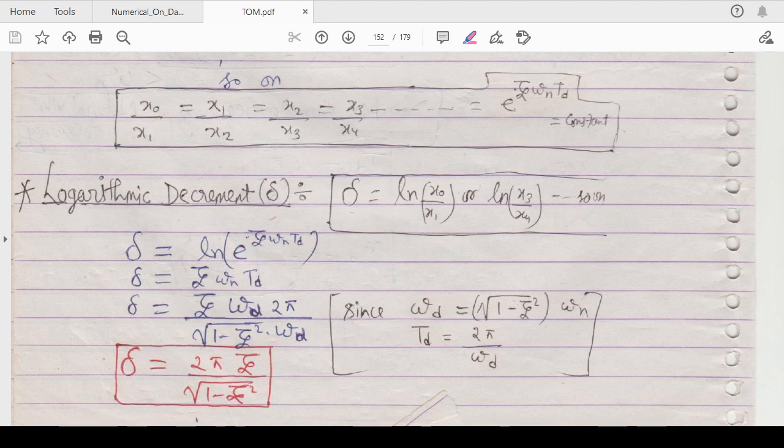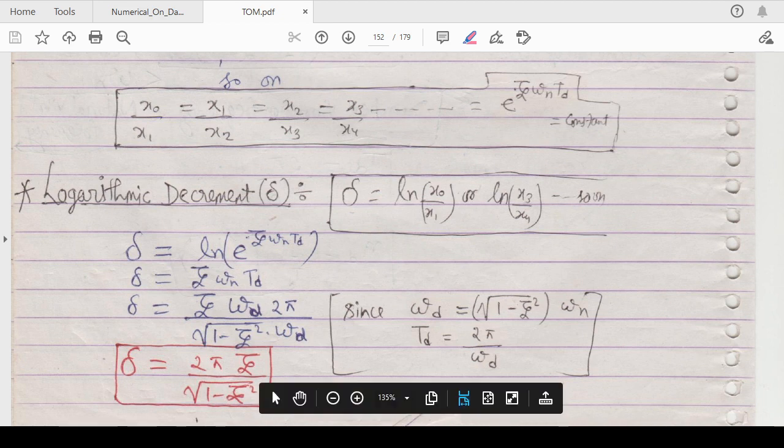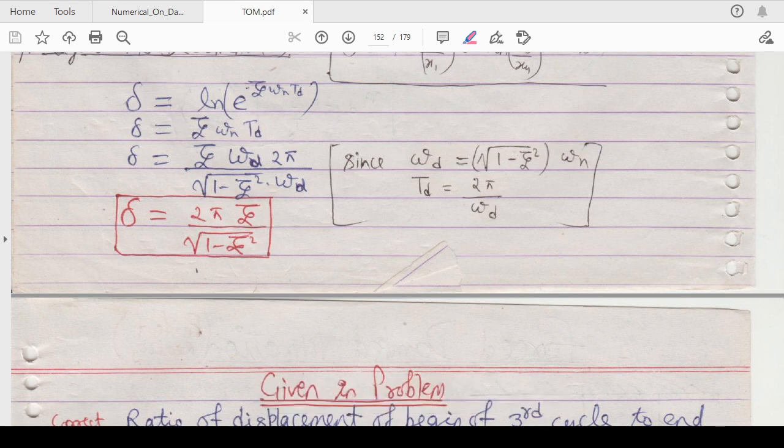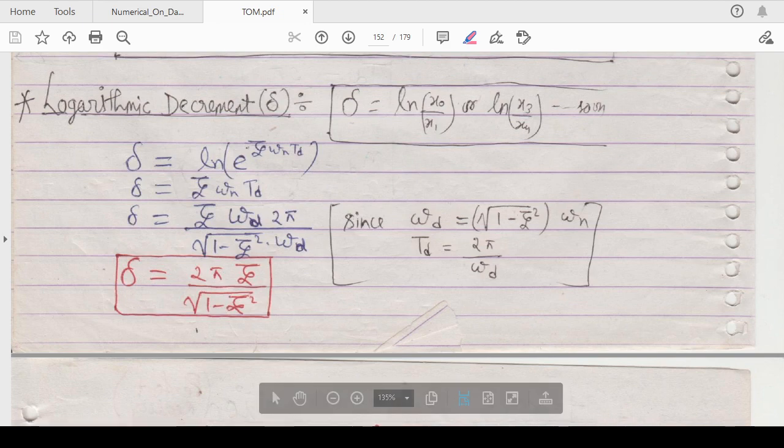If you put in the formulas omega d equals under root 1 minus zeta square into omega n, and td equals 2 pi by omega d, you get delta equals 2 pi zeta divided by under root 1 minus zeta square. In this way you can solve numericals related to zeta or logarithmic decrement.